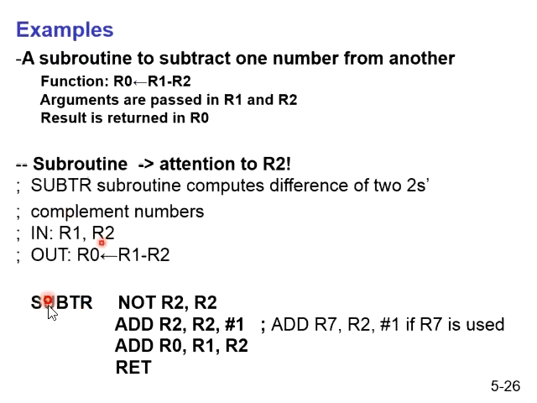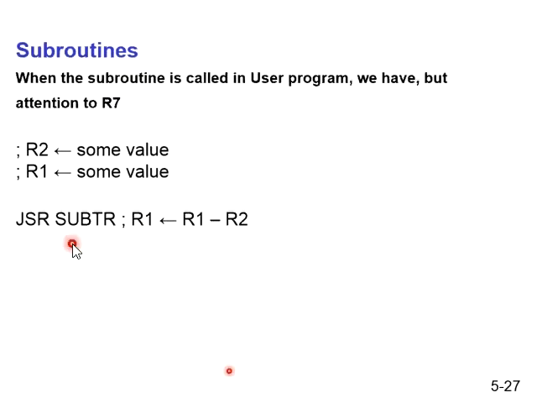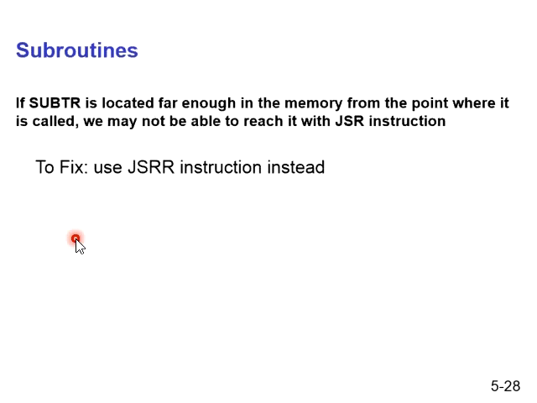But if the subroutine is located too far in memory from the current PC, beyond the range of PC offset 11, because over here we have PC offset 11, so we use plus or minus 2 to the power 10. Okay, so over here it is too far from the center, from the current PC.